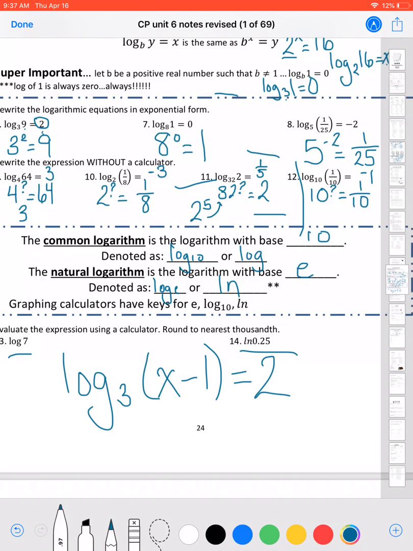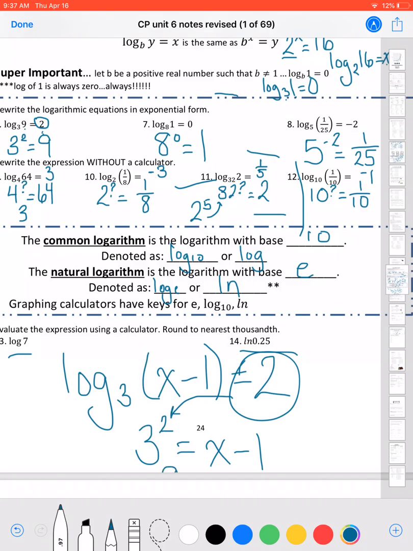Making this up. So in reality, it's the same thing we did for numbers 6 through 8. It's saying 3 squared is equal to x minus 1, because in reality, that's what it means. 3 to what power is going to give us x minus 1, and it's giving us that exponent.